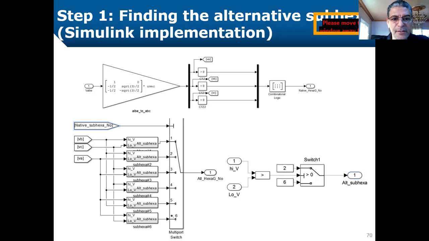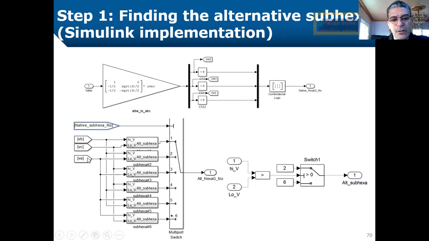Okay, and this can be implemented in the form of a table like this, where we give the native subhexa, and using this logic, by converting V alpha beta to V A B C, we get the native hexagon number.